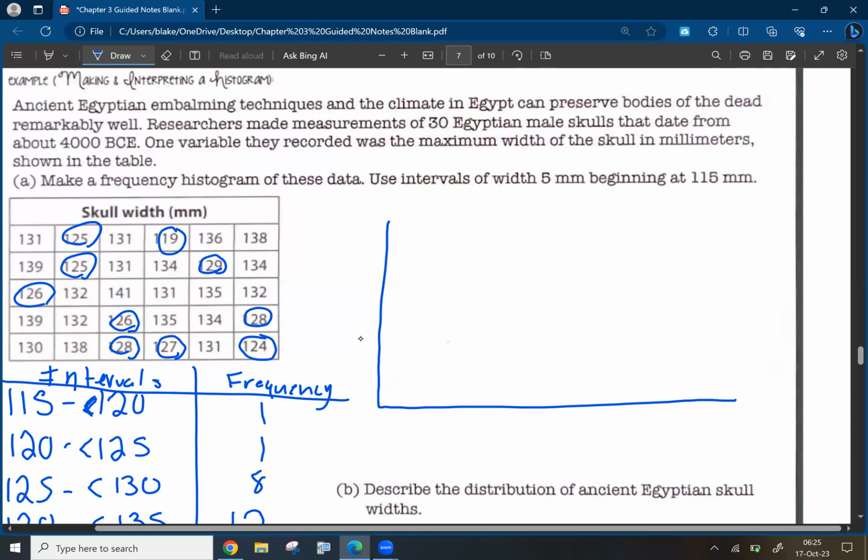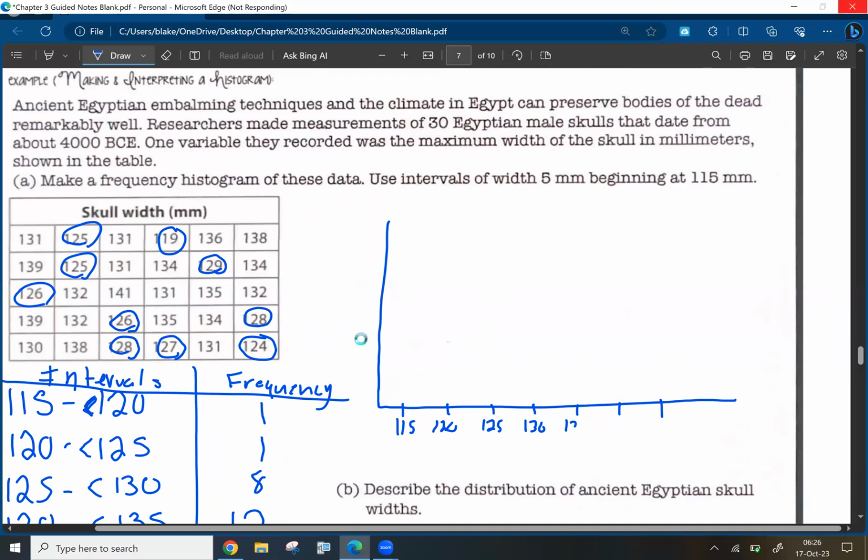All right. So remember, we're going to have a number line, right? So we're starting at 115 and we're going by fives all the way up to 145. So let's see, 120, 25, 130, 135, 140, 145. Oops. I wrote a 34 for some reason. All right.